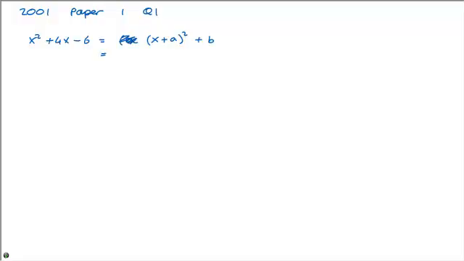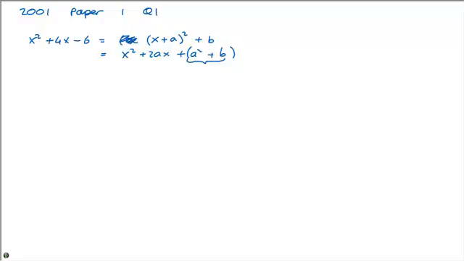You're going to square out the x plus A. Obviously it's not x squared plus A squared, so it's x squared plus 2ax plus A squared plus B. Just notice I'm putting those in a bracket because they're all real numbers.